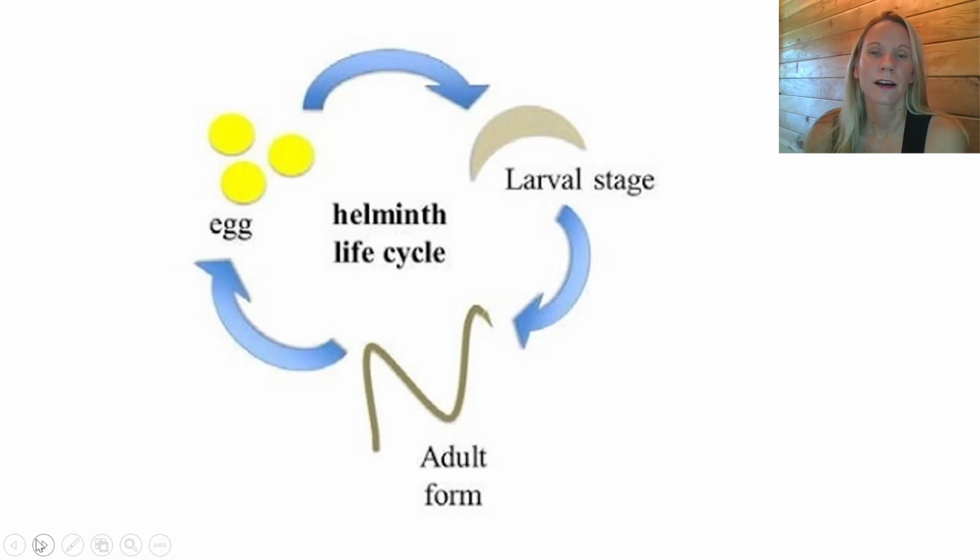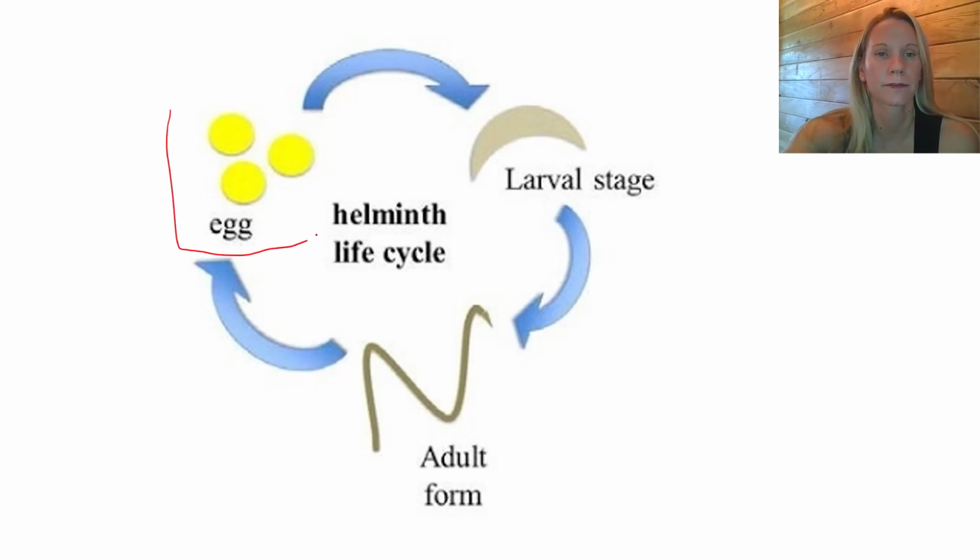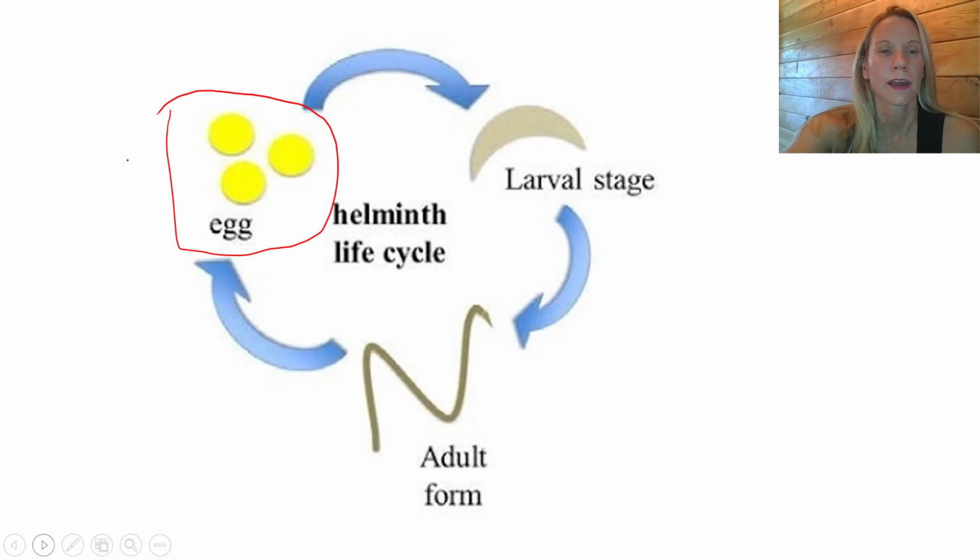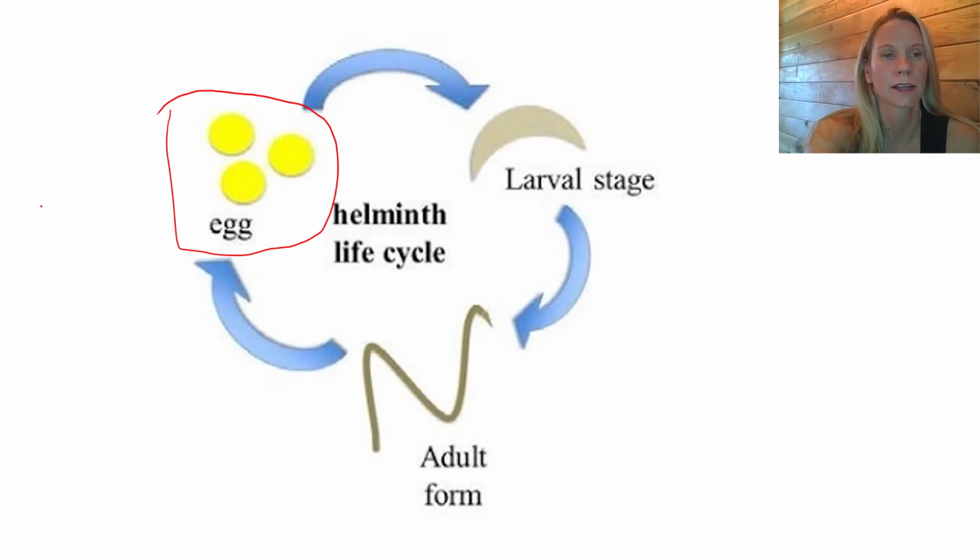So a couple other terms I'd like to add to this slide. Eggs are usually the most resistant of the three stages in the helminth life cycle. The eggs are passed out of the body of some sort of host animal and are going to be present in the environment.